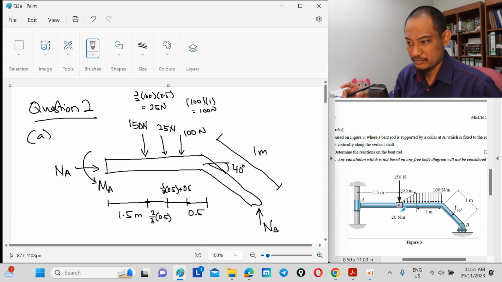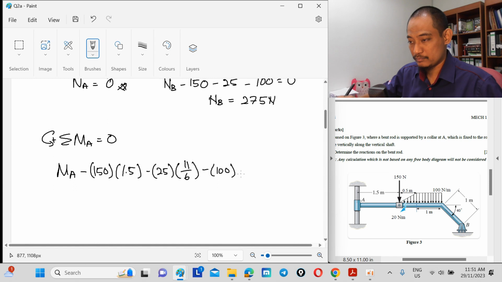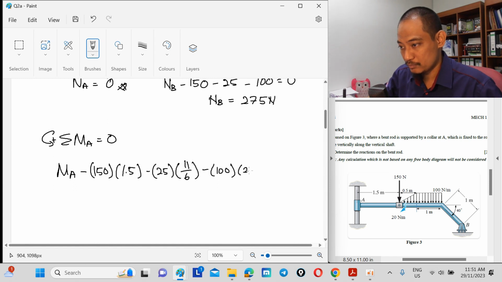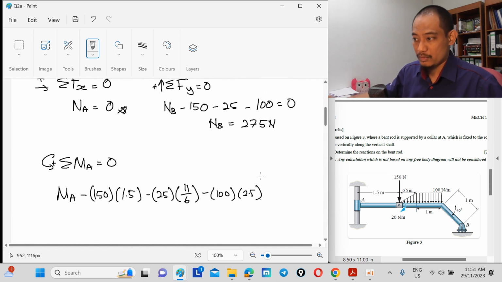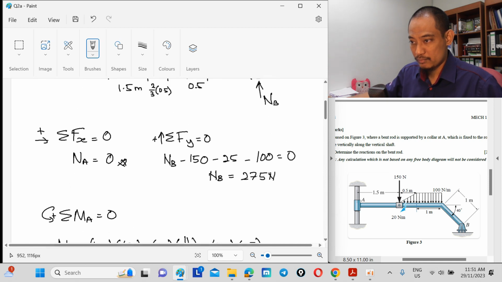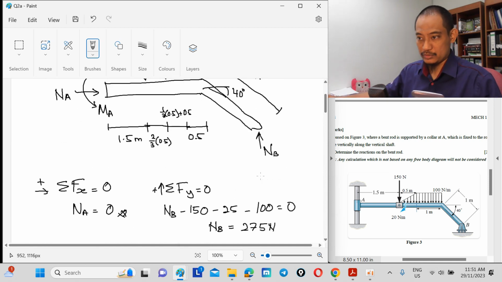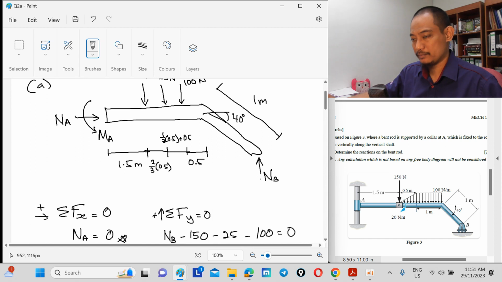The distance, from this perspective, we can just add what is before, right? So it's 1.5 plus 1.5 is 3, plus 1.5... no, 2.5, right? Because if we add, it should be... yeah.